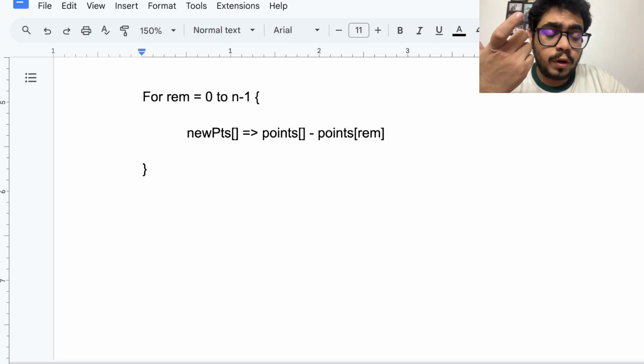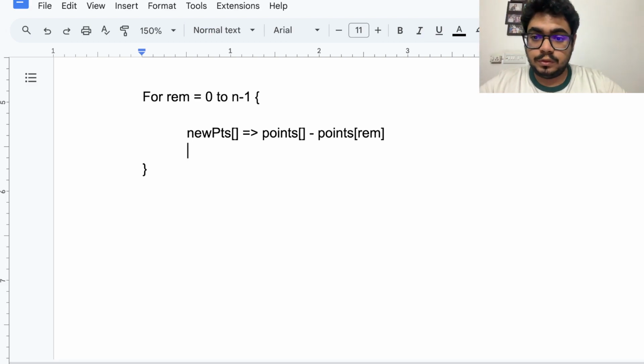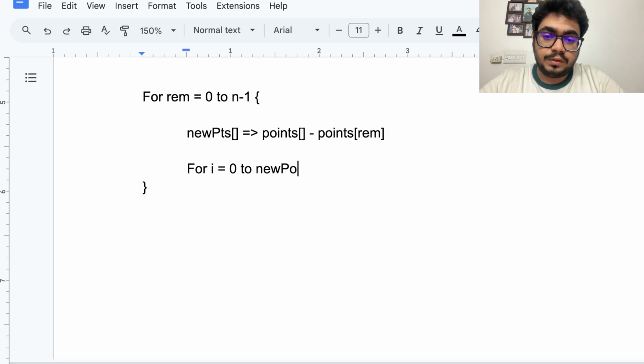Now I have the new points. I can calculate the Manhattan distance between each pair by running two loops and find the maximum. So run two loops for i equal to 0 to new points dot size minus 1, and for j equal to i plus 1 to again the size.